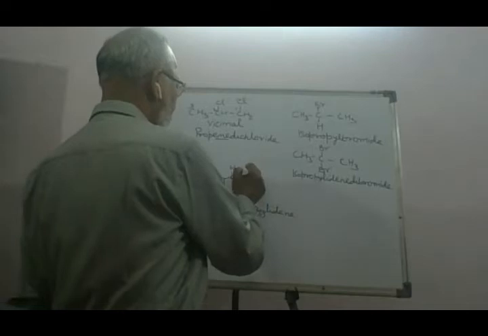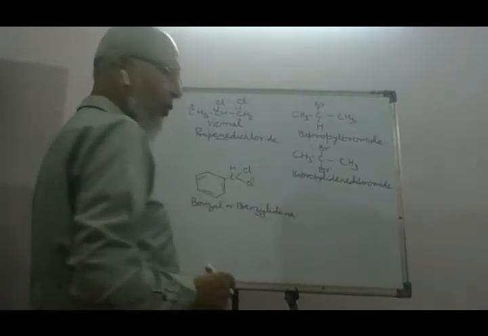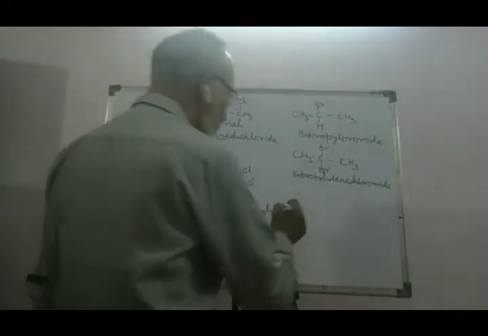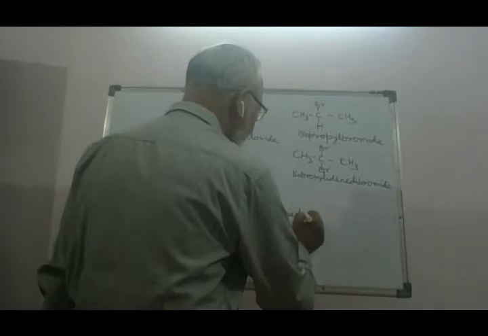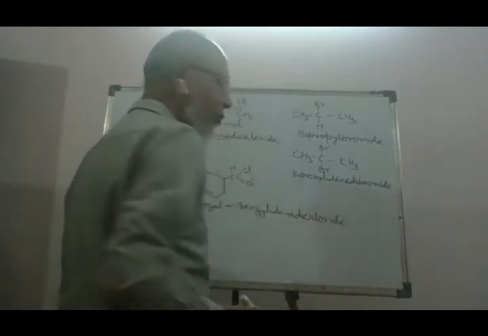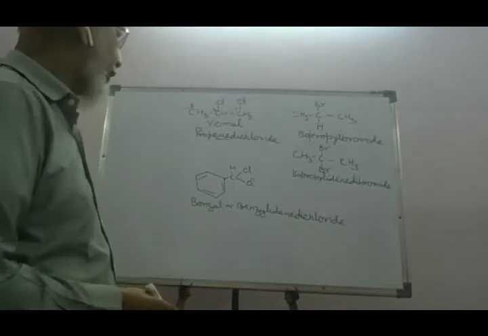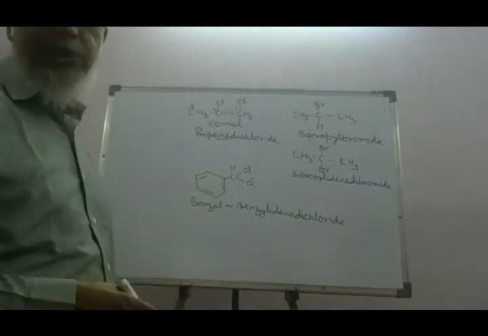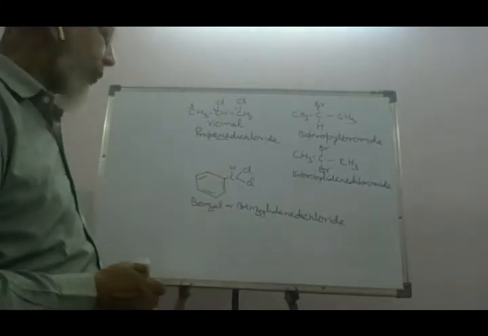And if there are two chloro groups here, then this will become benzylidene dichloride. What would be the IUPAC name? That I will tell you later on when I start the IUPAC naming system for all the compounds.